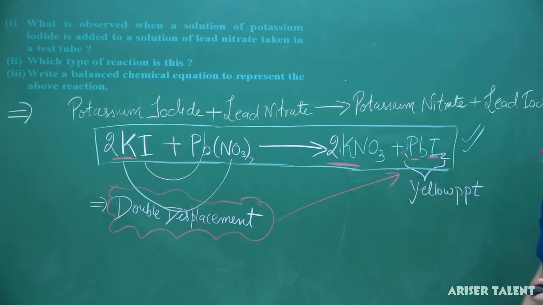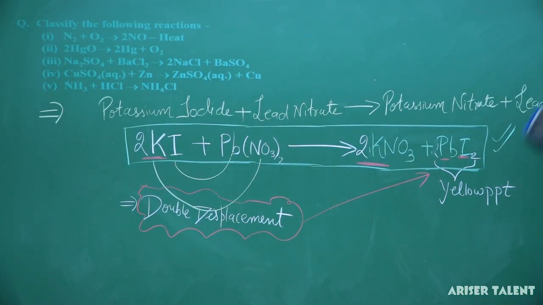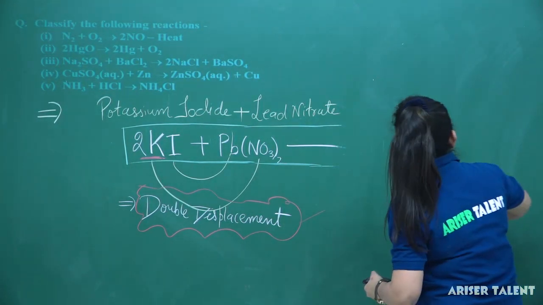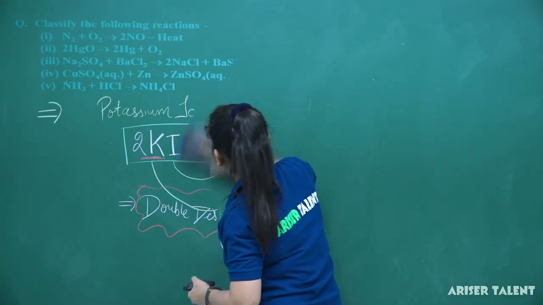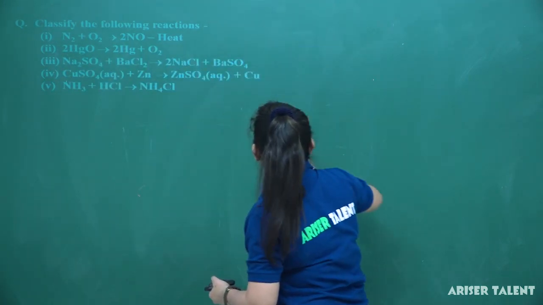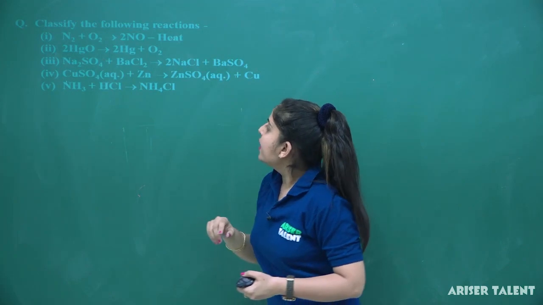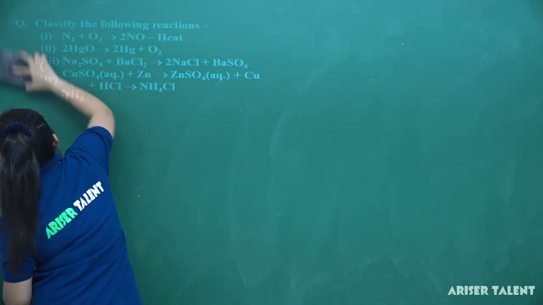Now coming to our next question, classify the following reactions. In the following reactions, we have to identify the type of the reaction, the types of reactions we have discussed in our previous chapter. Our first reaction is N2 plus O2 gives 2NO minus heat.